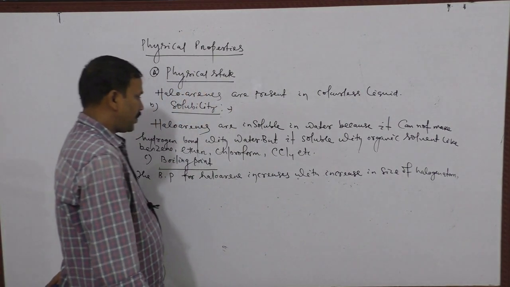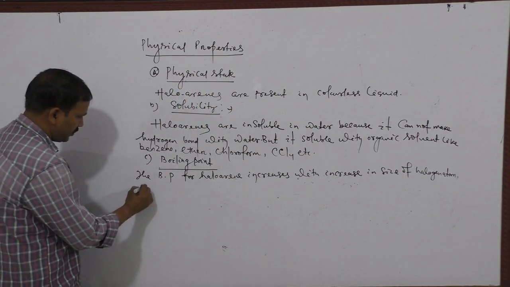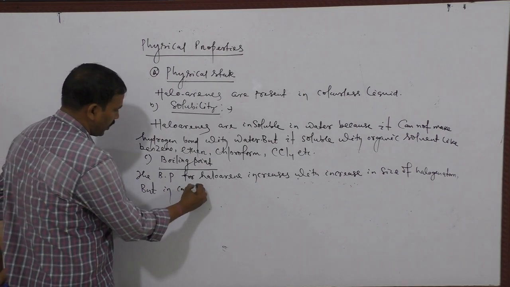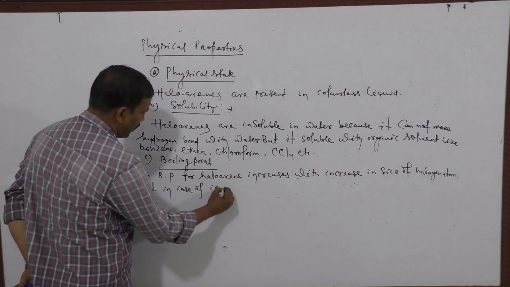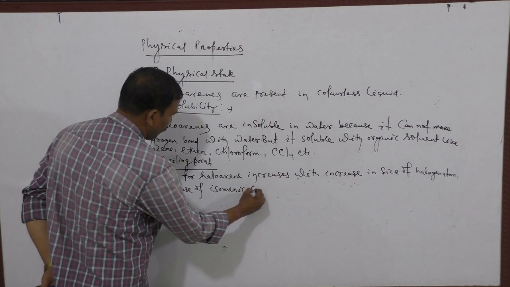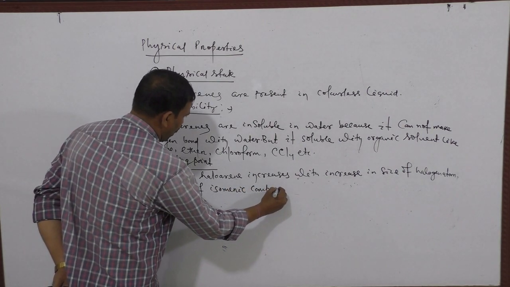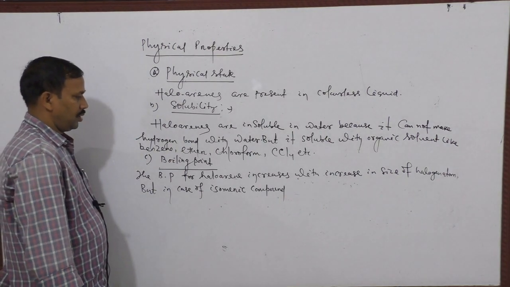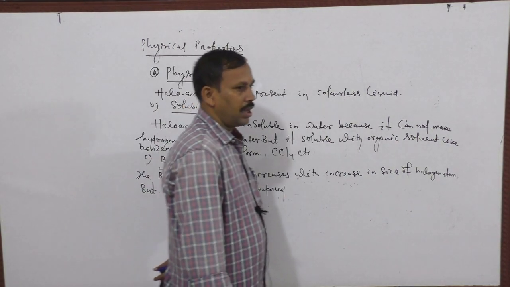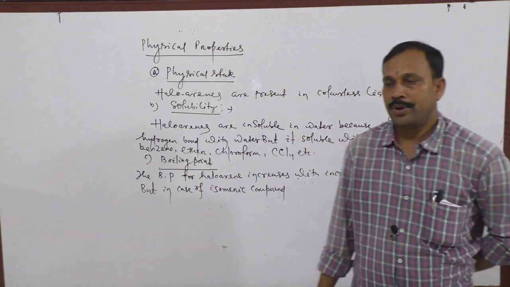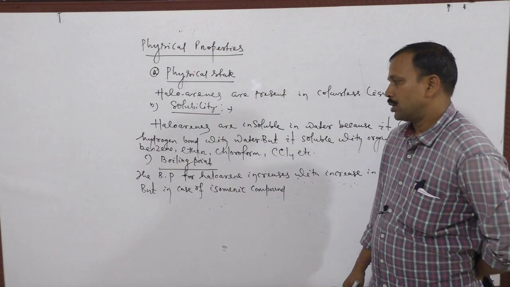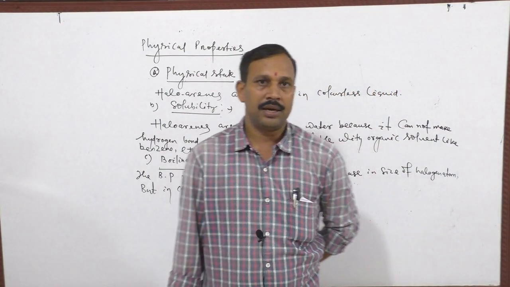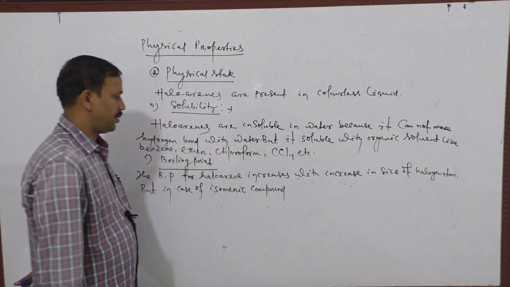But in case of isomeric compound, isomeric means ortho isomer, para isomer, meta isomer, all have nearly same boiling point, so they cannot be separated by easy or general method.